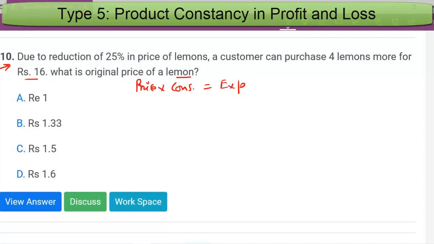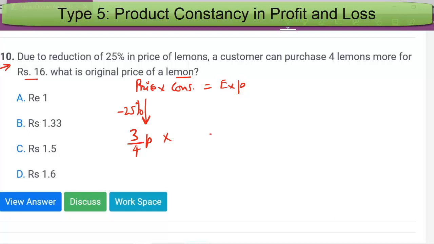Okay, so what is happening due to reduction of 25% in the price of lemons? This price is reduced by 25%, so that means 75% is remaining, so that means 3/4 of the price is remaining. And because of this a customer can purchase 4 lemons more.